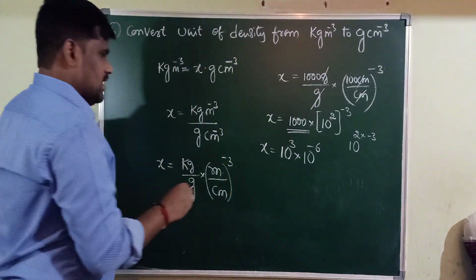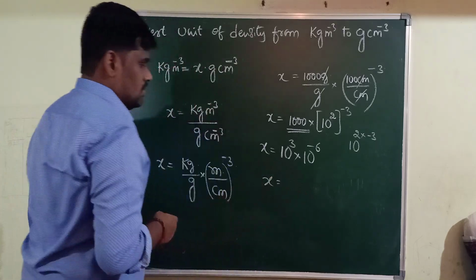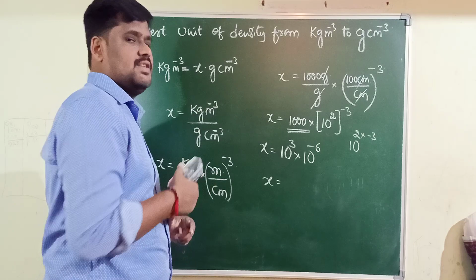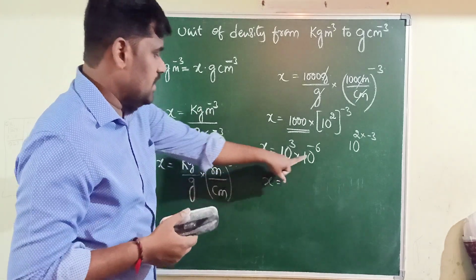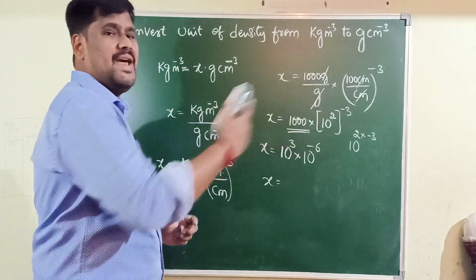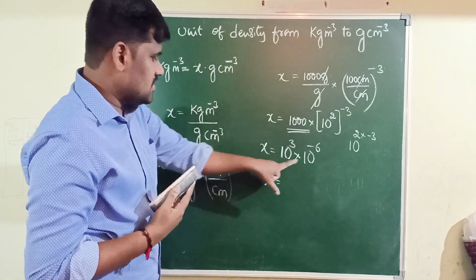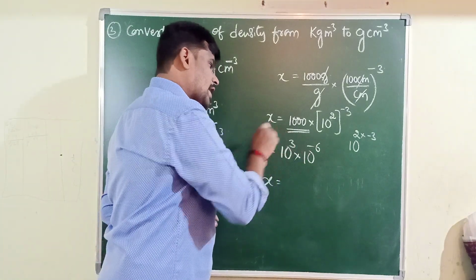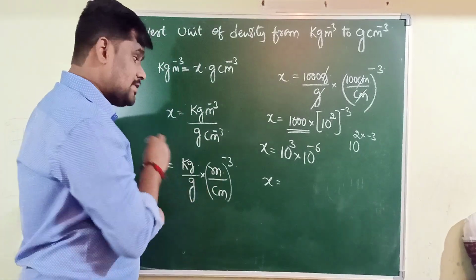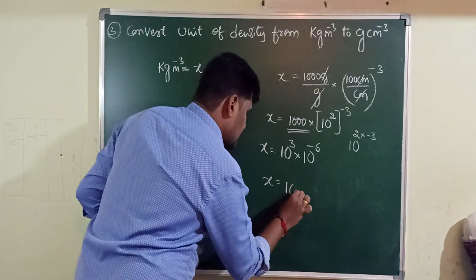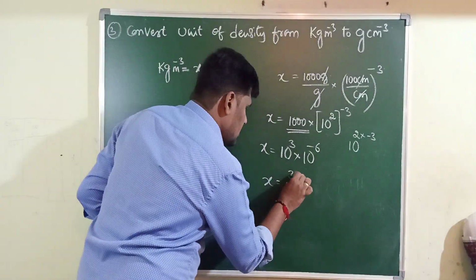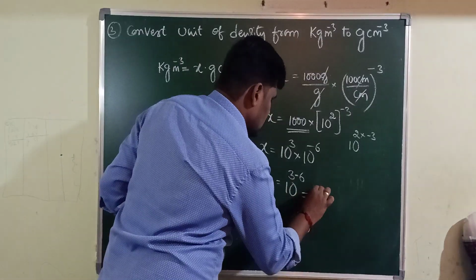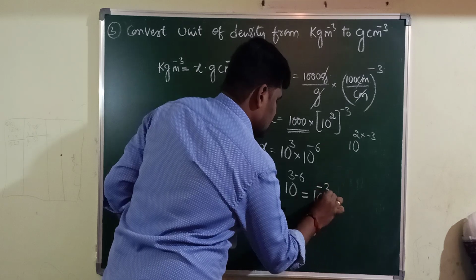Okay? Then x equals, as we discussed in the dimensional formula, if bases are the same, the power should be added. 10 power plus 3 into 10 power minus 6 should be equal to 10 power 3 minus 6, or else it is equal to 10 power minus 3.